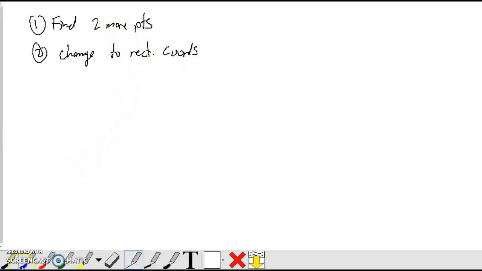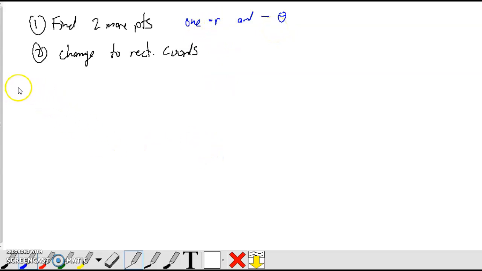For the 2 points, you have to include 1 negative r and 1 negative theta, right? So that will kind of help us. If you want to do more than 2 points, by all means, go for that. But one of the points has to have a negative r in it, and one of them has to have a negative theta in it.